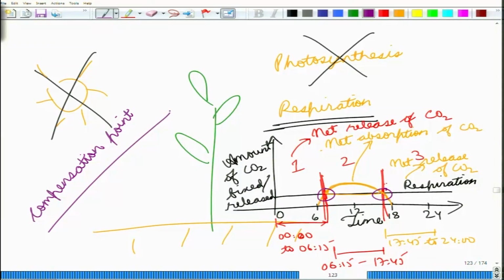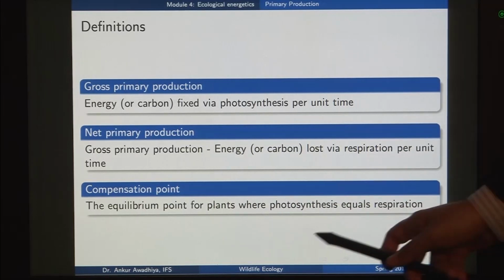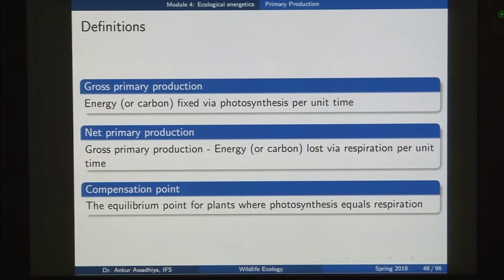So, compensation point is the equilibrium point for plants where photosynthesis equals respiration, or in terms of energy, the amount of energy that is getting fixed because of photosynthesis is equal to the amount of energy that is being released through the process of respiration.